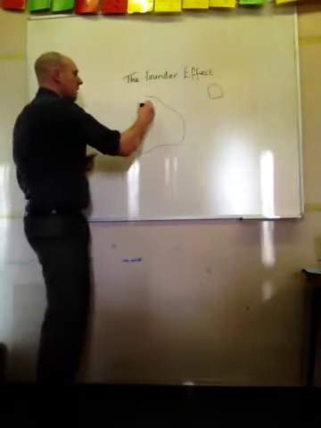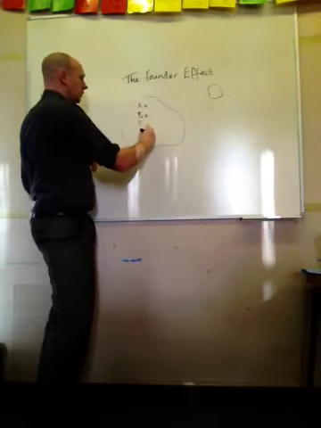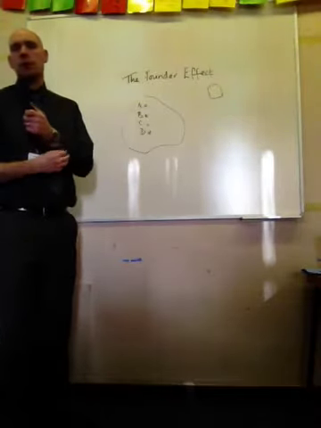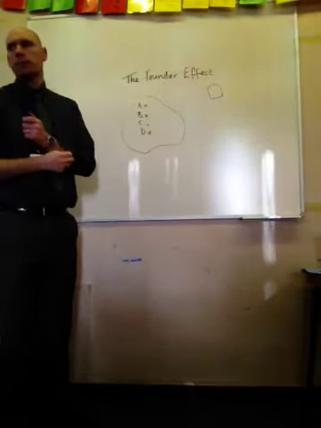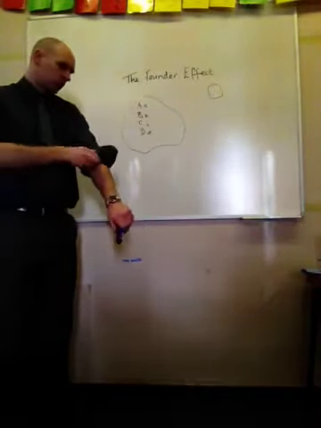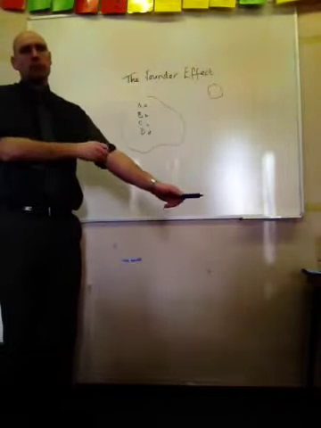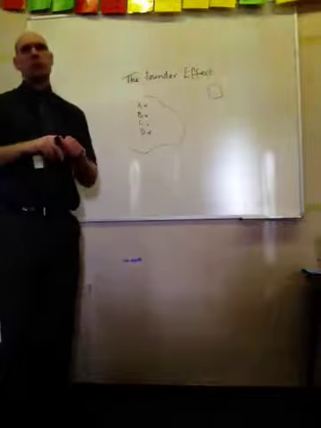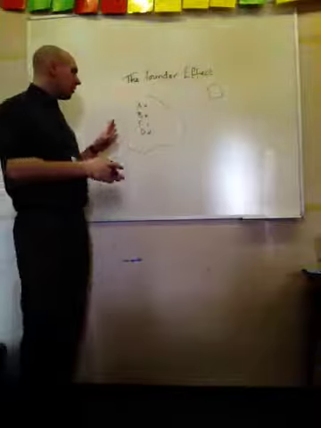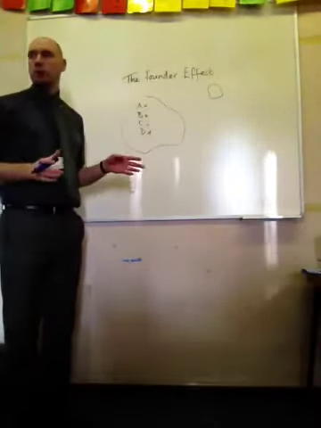So, if this is capital A, then the other allele is little a. This imaginary population has got 8 different alleles in it.